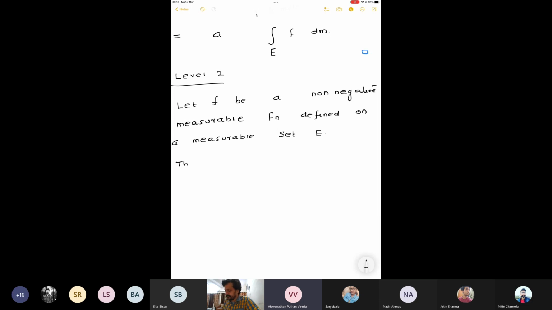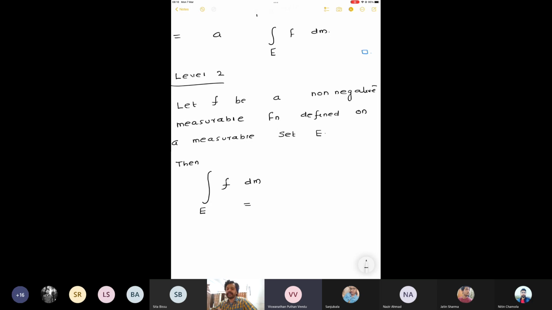Then we define the integral over E of f dm. Right now we can integrate any bounded measurable function.